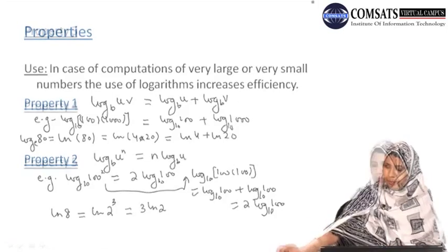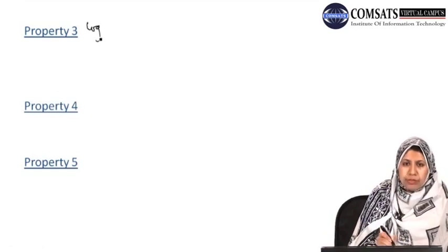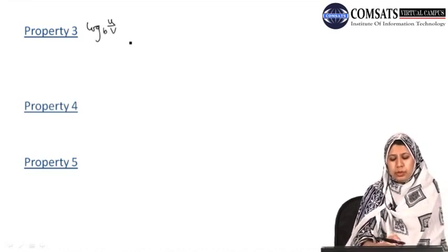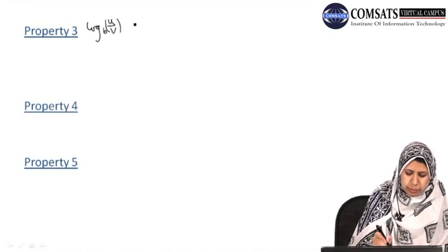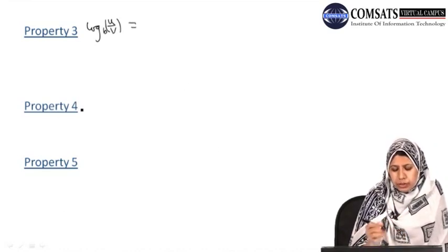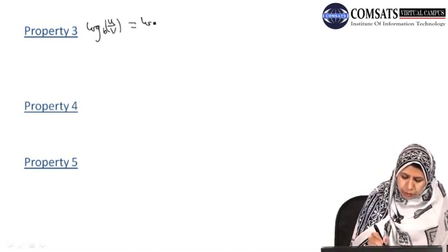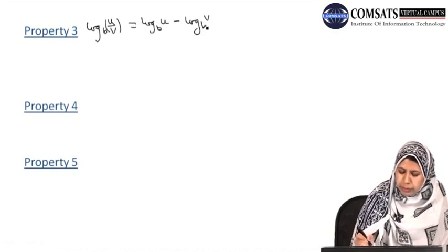Now we will come to our third property, the log of the ratio. That is, if we have two numbers u and v in the ratio form, that is u over v, and we want to take their log with some base b, then the log of the ratio is the same as the difference of the logs, that is log of u to the base b minus log of v to the base b.